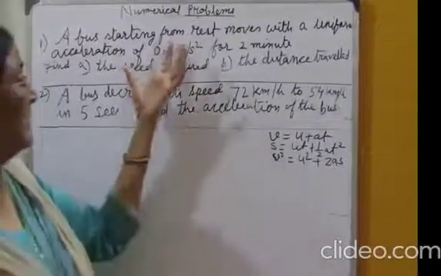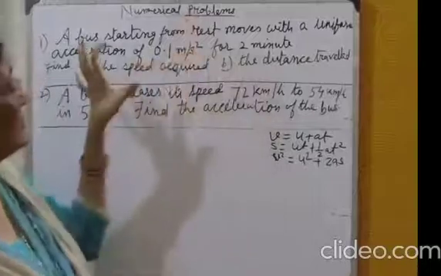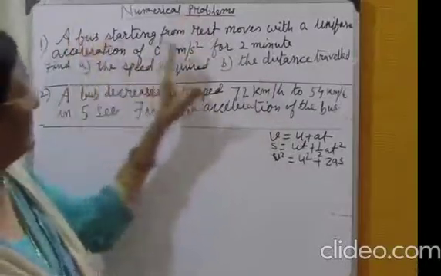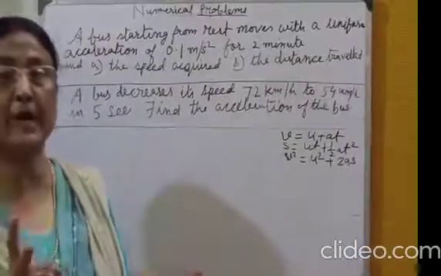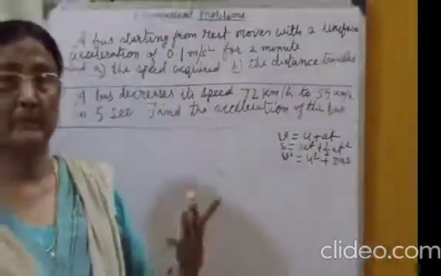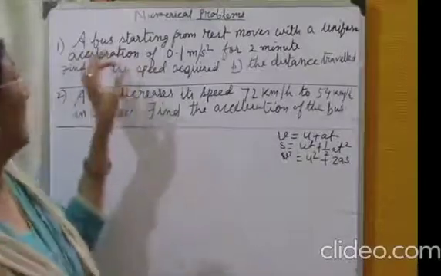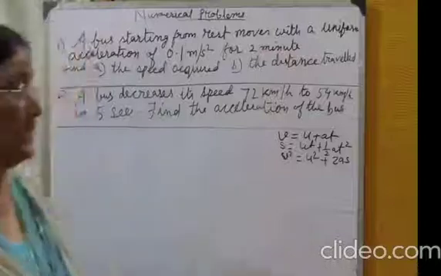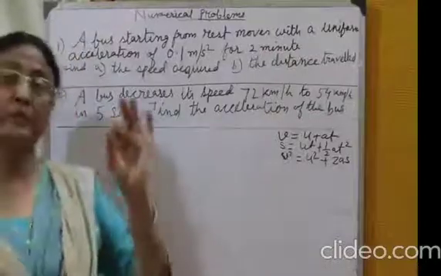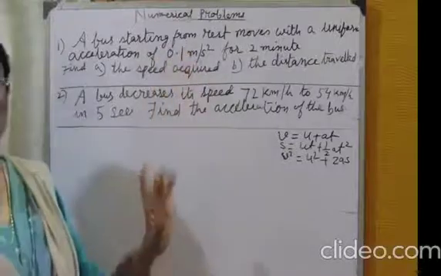Whenever you get these types of numerical problems, first of all, you read the questions twice, at least twice, more than twice, and emphasize each and every word, what they are telling, because each and every word has some meaning.